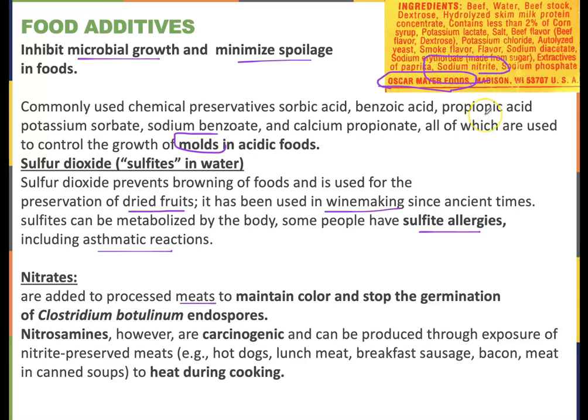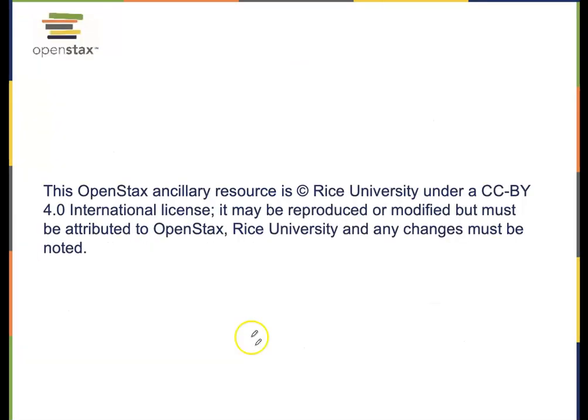You want to avoid foods that have that additive because when you cook them, the nitrates become nitrosamines. These are carcinogenic, they cause cancer. So when you buy hot dogs or any kind of sausage or meat that you want to cook, make sure you're getting something that's nitrate free. So you want to avoid those carcinogens. And that's the end of this chapter.